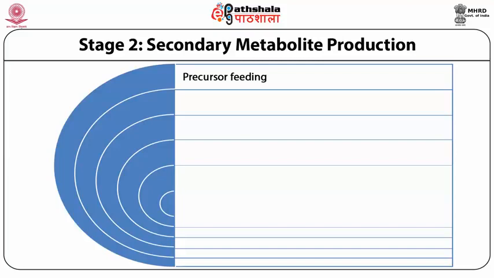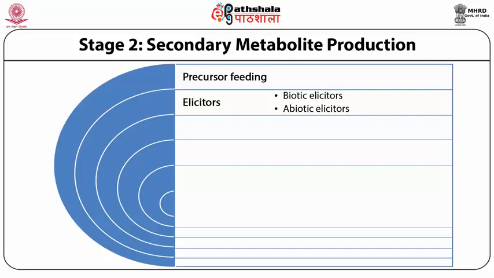The next strategy is that of elicitors. What do we understand by elicitors? Elicitors are biomolecules that stimulate the production of secondary metabolites, and the process is called elicitation. You can categorize these elicitors into biotic elicitors and abiotic elicitors. Biotic elicitors can be of fungal or bacterial origin.